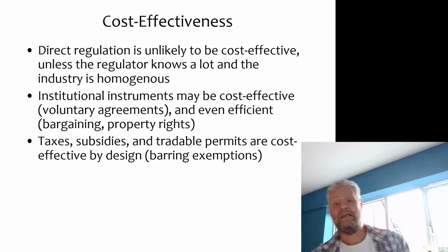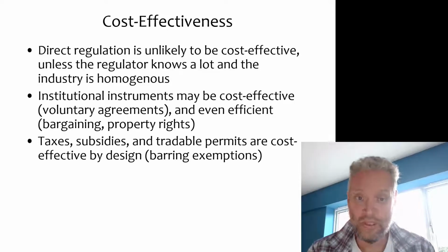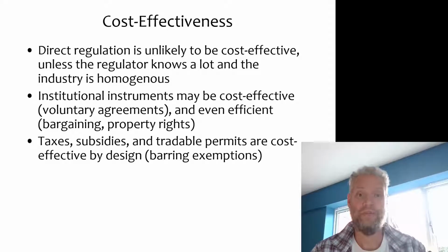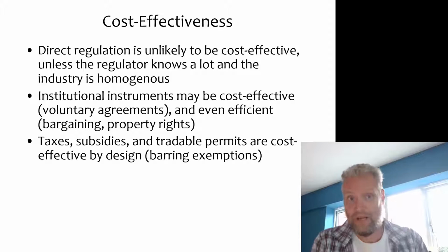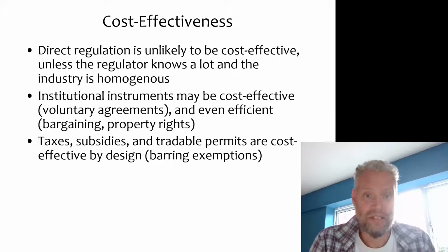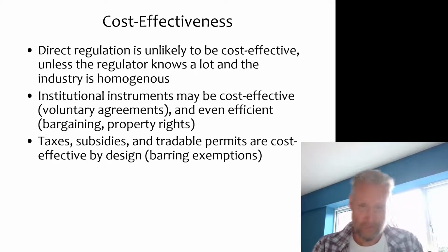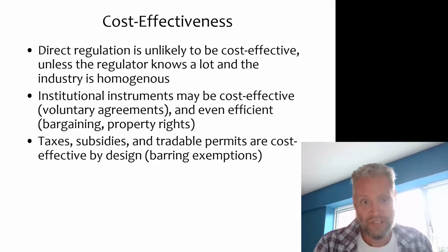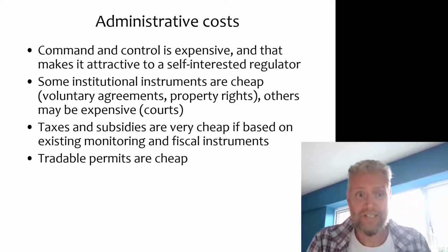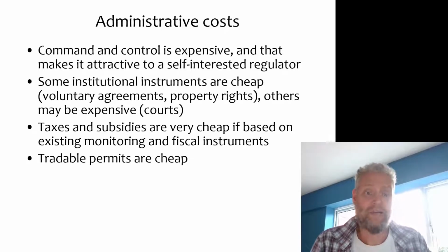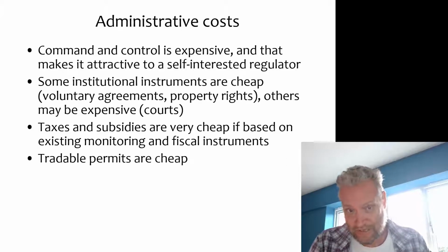Coase bargaining would lead to a Pareto optimum, therefore to a cost-effective solution. But Coase bargaining only applies to a situation where there's a small number of polluters and pollutees.